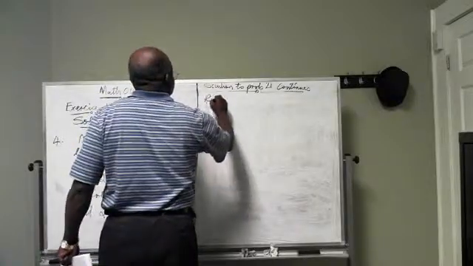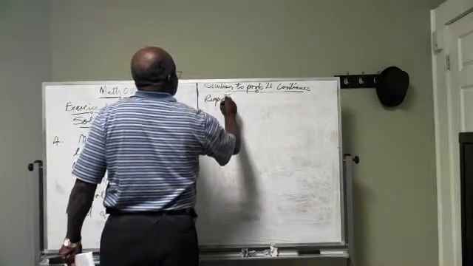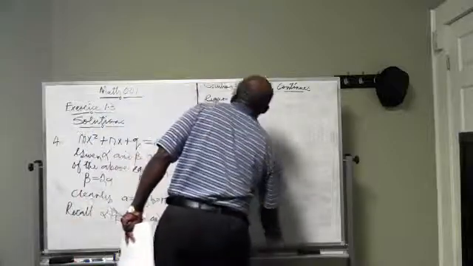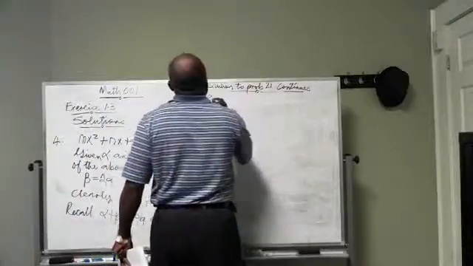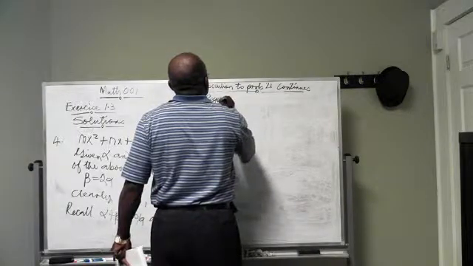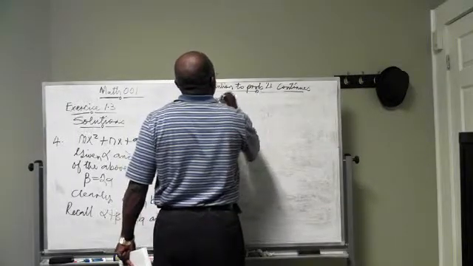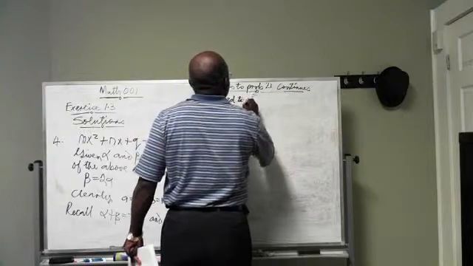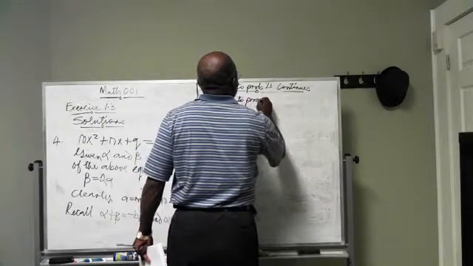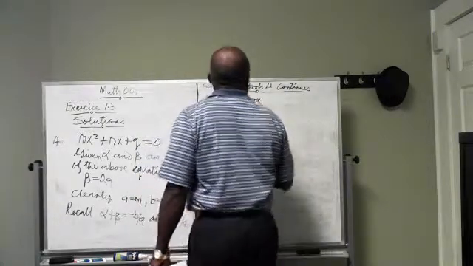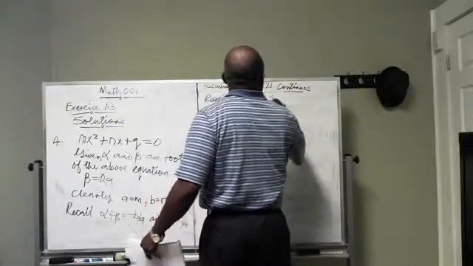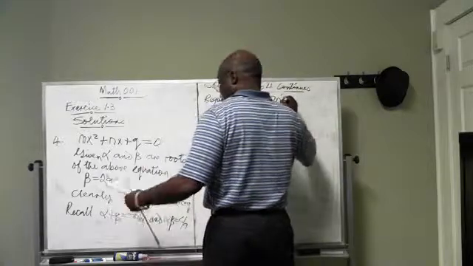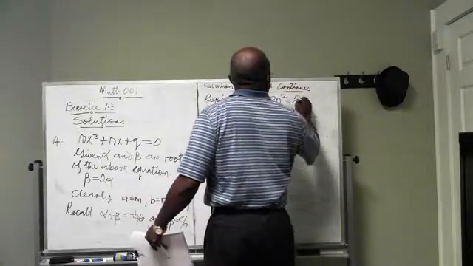Required to prove: 2n squared equals 9m cubed.